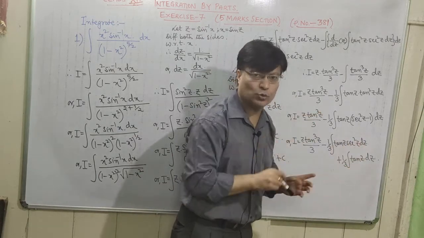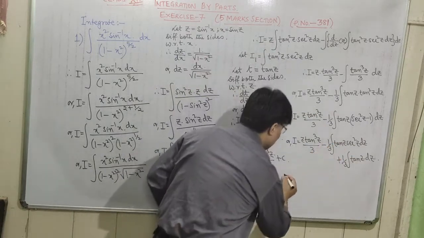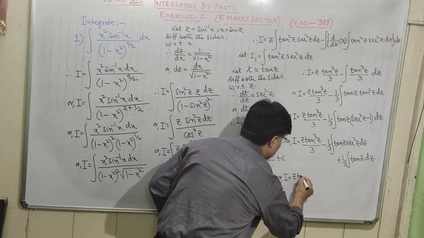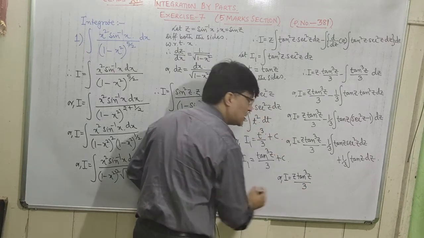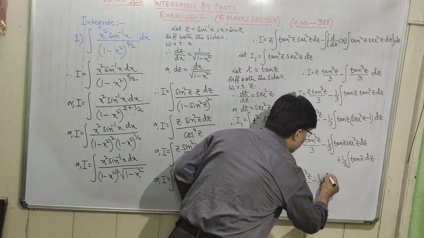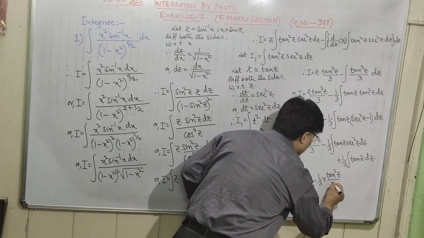U square by 2. Is that clear? So in this case, u is tan z, so it is directly integrated. So I is equal to z tan cube z upon 3, right? So minus, this is 1/3 into, this will be tan square z divided by 2.